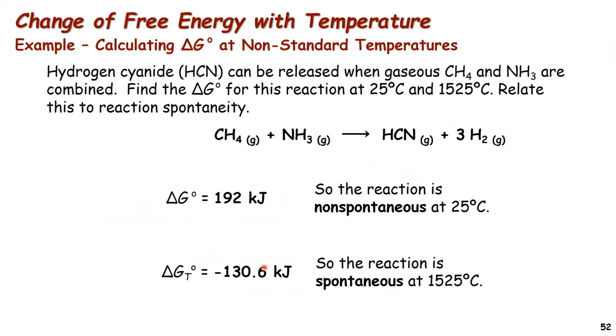So we can see that at high temperatures, it's spontaneous, and at low temperatures, it's non-spontaneous. Okay, so again, this is what I would expect you to predict for this type of reaction. Now, what is high and low temperatures is completely relative to that particular chemical reaction.